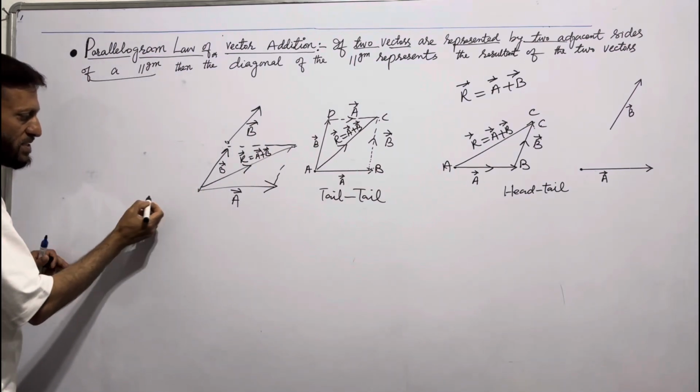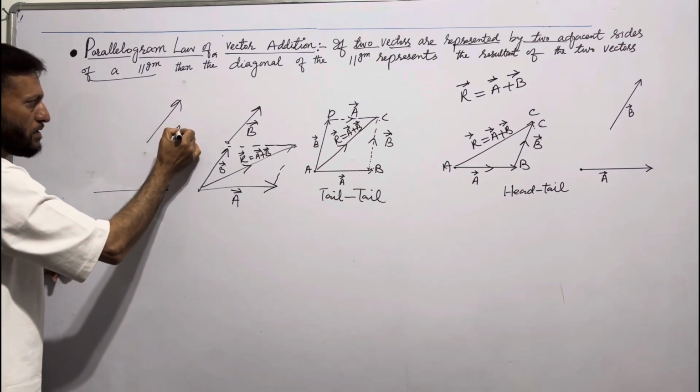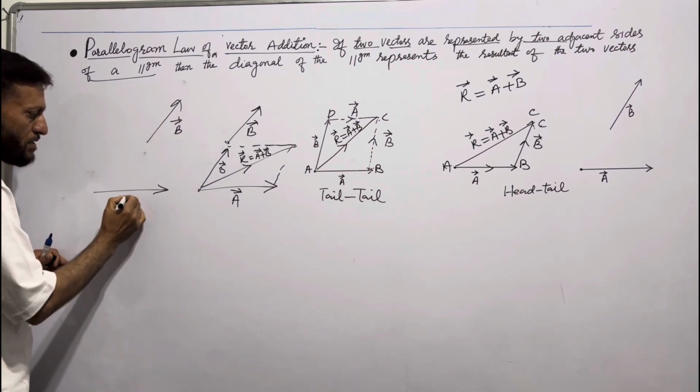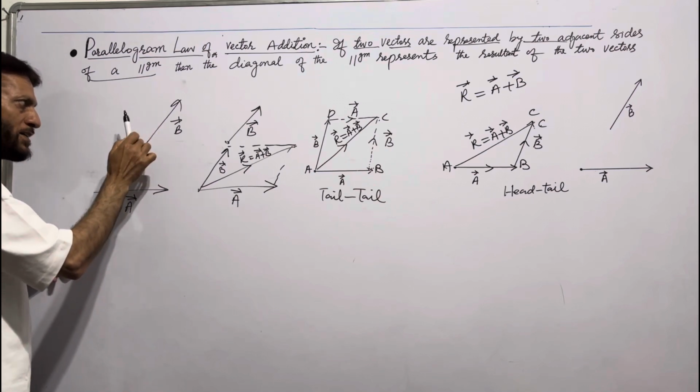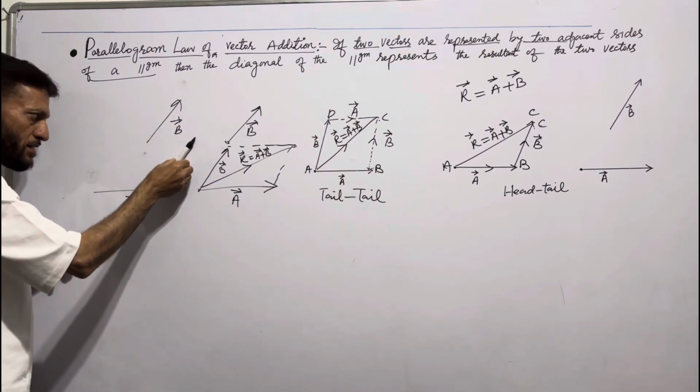Similarly, if this is vector A and this is vector B, I can join tail of vector B with head of vector A in this way.